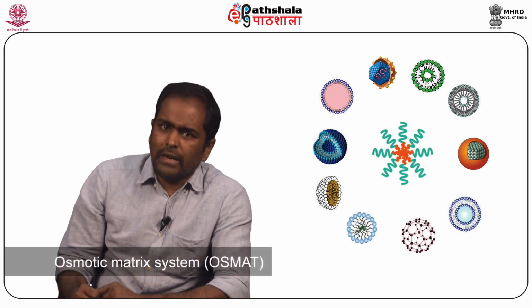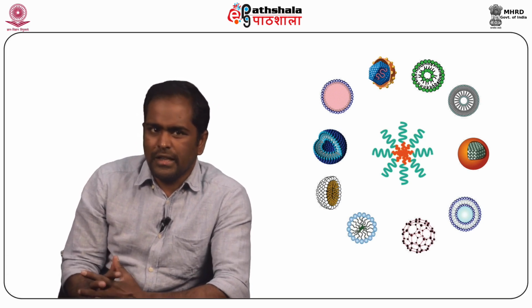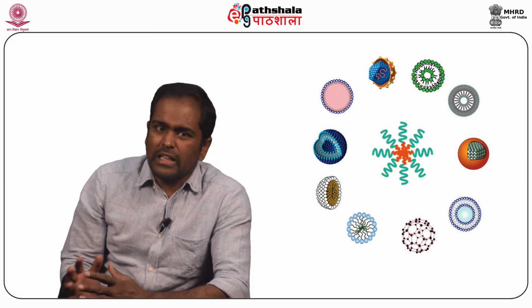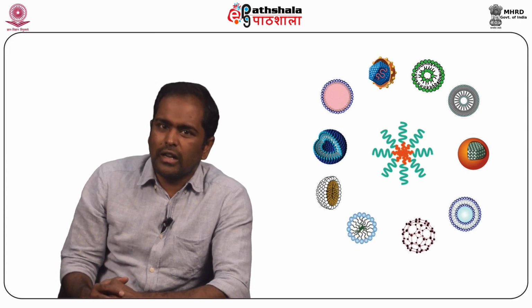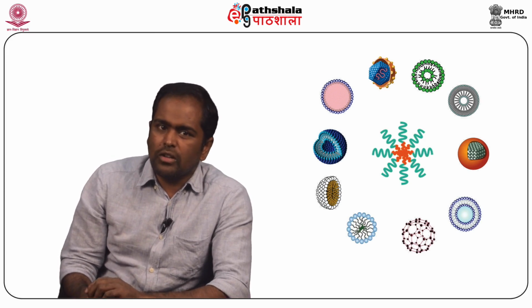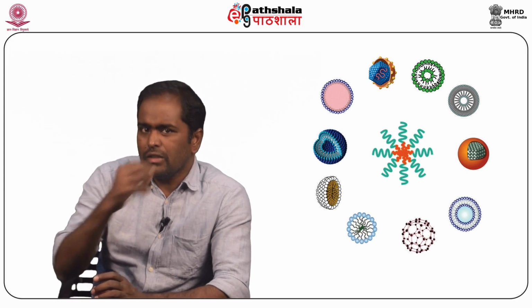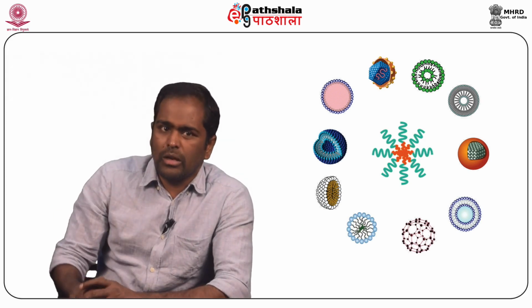Now, the osmotic matrix system, abbreviated as OSMAT. This is a relatively newer osmotic controlled drug delivery device, which exploits the property of hydrophilic polymers. Basically it is designed with the help of hydrophilic polymers.